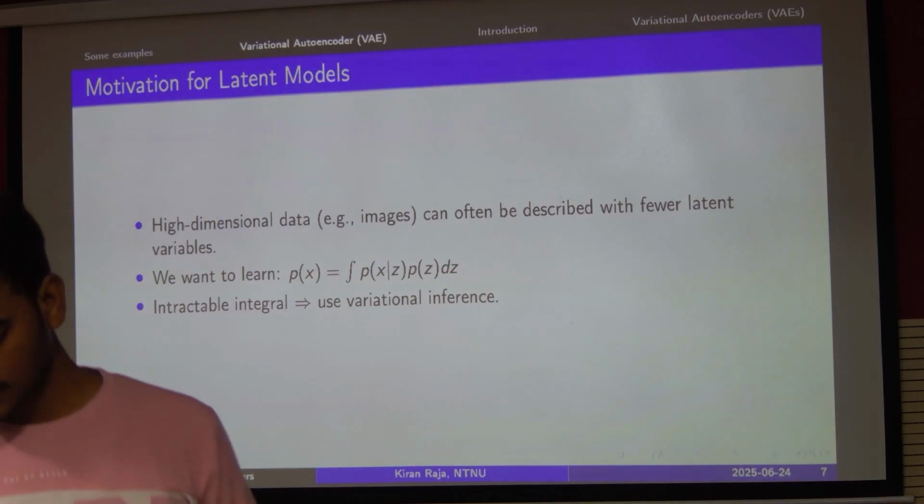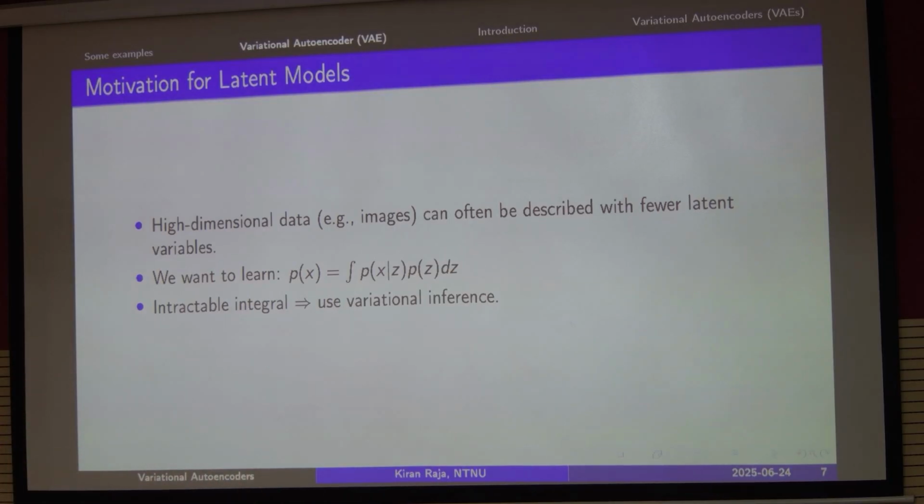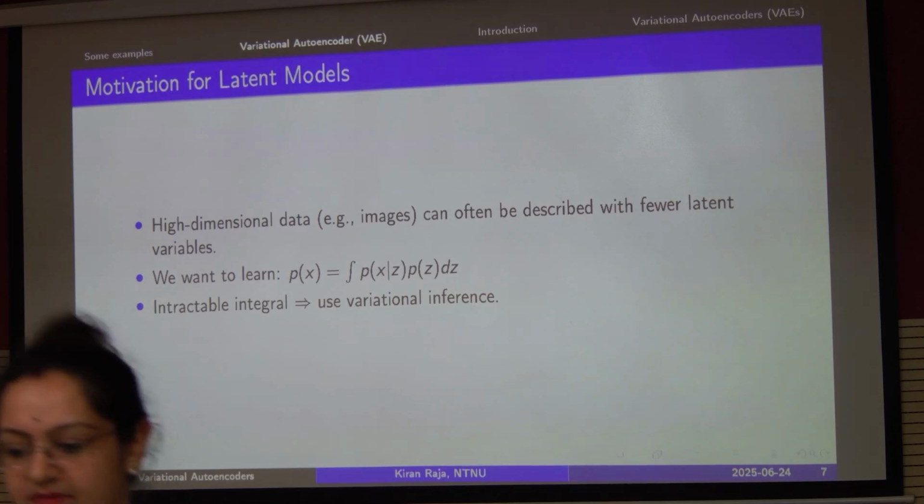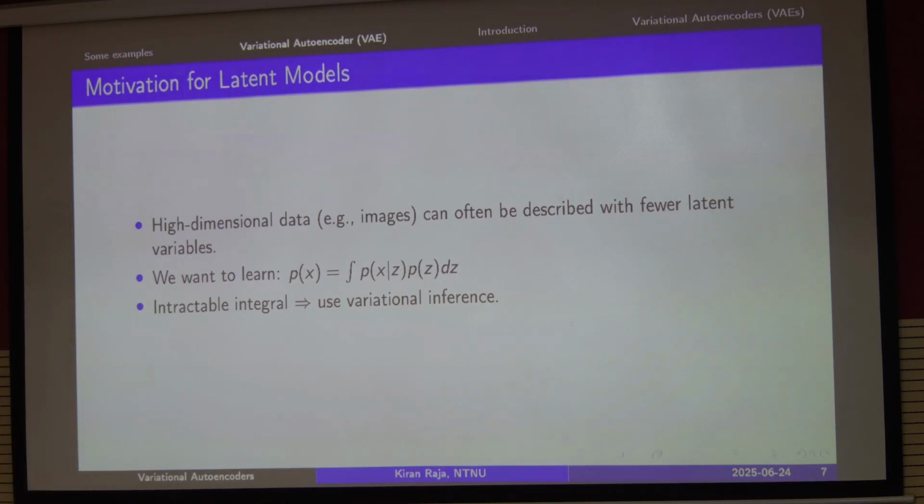The whole goal of variational autoencoders, or latent models in general, boils down to this simple probabilistic problem: the probability of x is the integral of the probability of x given z times the probability of z, across all the different values of z.